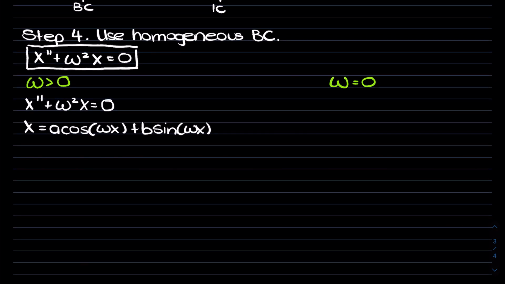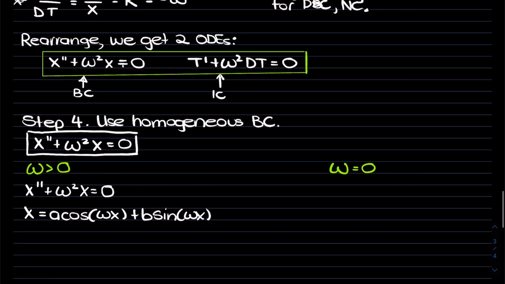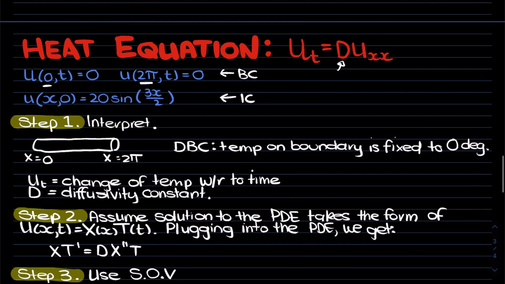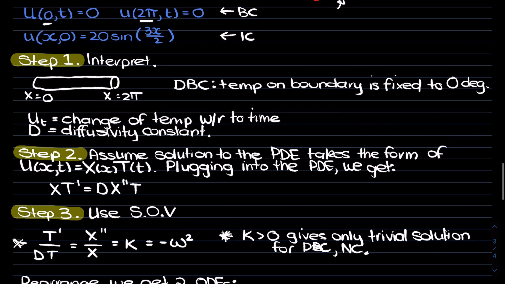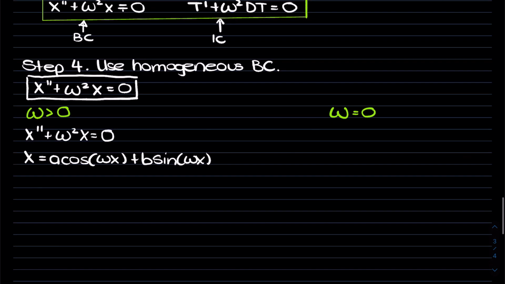just to save time. So now we need to consider our two boundary conditions, and that was for x equals 0 and x equals 2 pi. And both of those conditions should equal 0. So let's chuck in X of 0 here. This is big X here too, and this is little x here. So don't get confused.